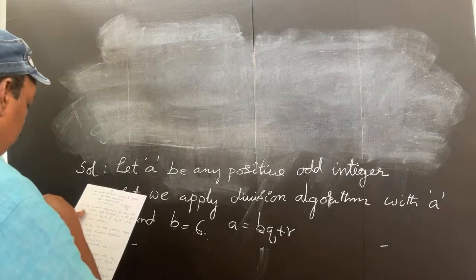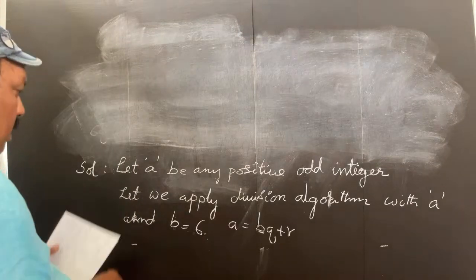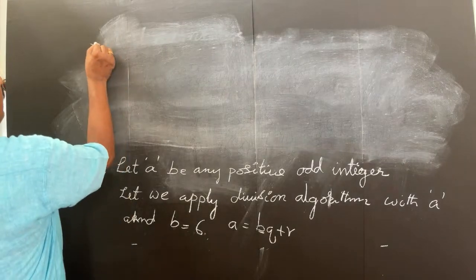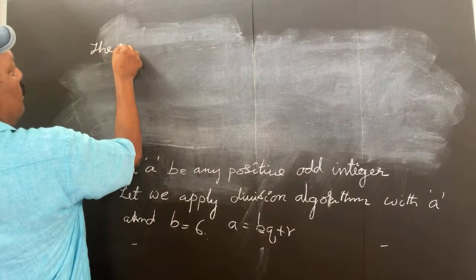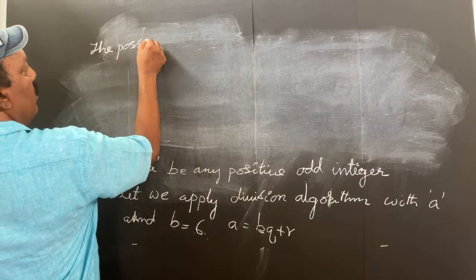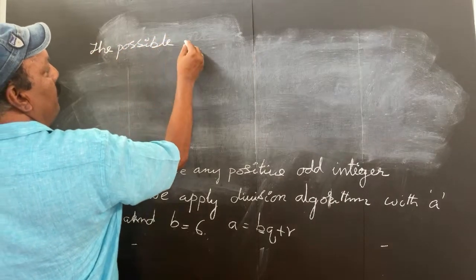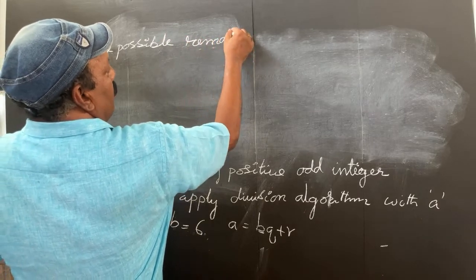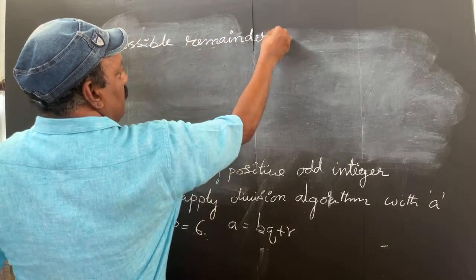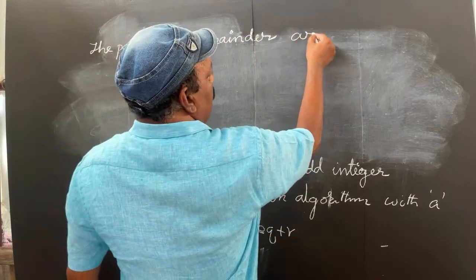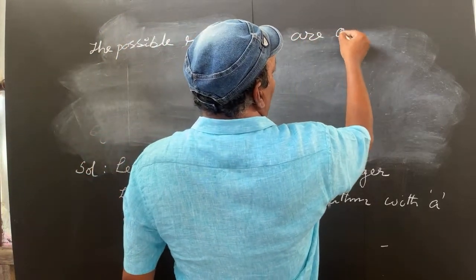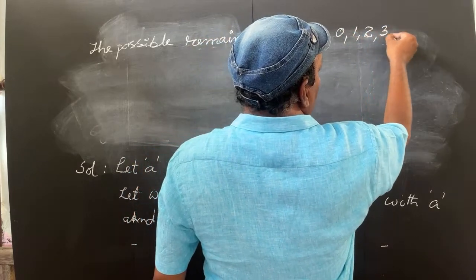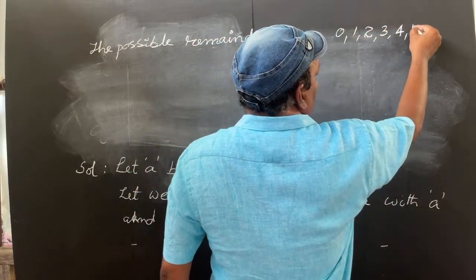Now, step number 3 is the possible remainders. The possible remainders are 0, 1, 2, 3, 4, 5.